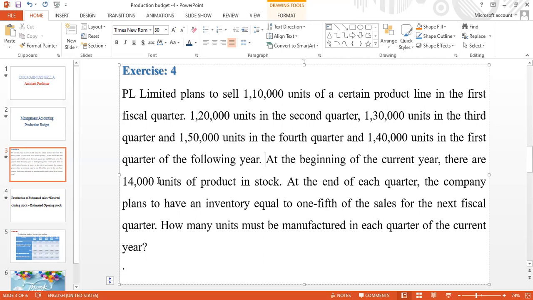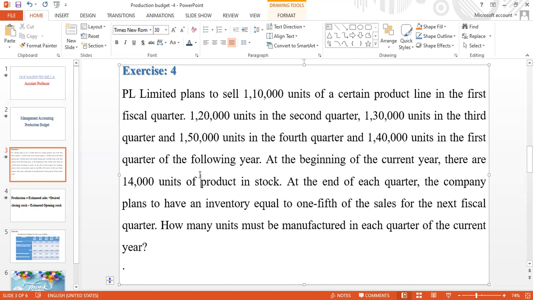For the first quarter only, they have given the opening stock, 14,000 units. Next, closing stock. What does the question say about the closing stock? 1/5 of the sales for the next fiscal quarter is considered as the closing stock, right?